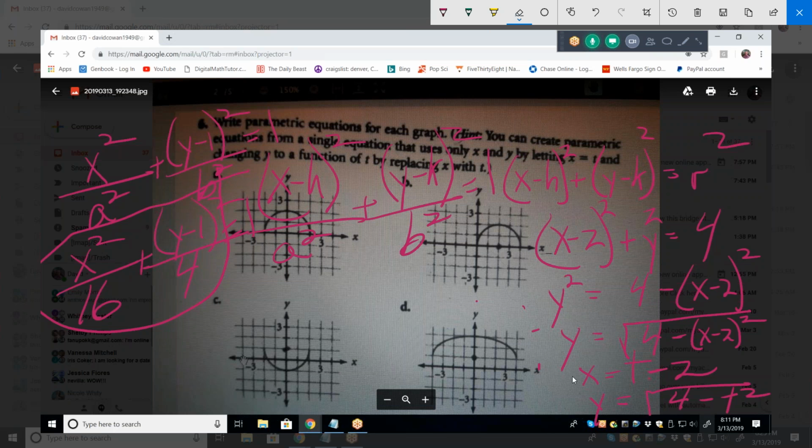So if we solve for y, we get (y minus 1) squared over 4 equals 1 minus x squared over 16. I multiply everything by 4, that becomes a 4, I get rid of that 4, and that becomes a 4.